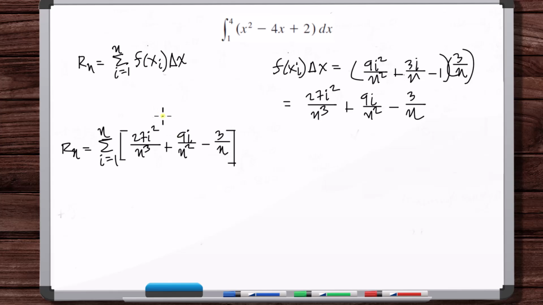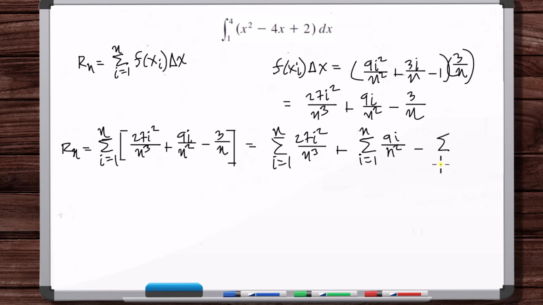Okay, so now this is where the summation properties come into play. You have to know your summation properties, how to work with summations and summation properties to simplify this. So we can separate this into 3 separate sums. Now we can factor out into the front of the summation anything that's not a function of i.